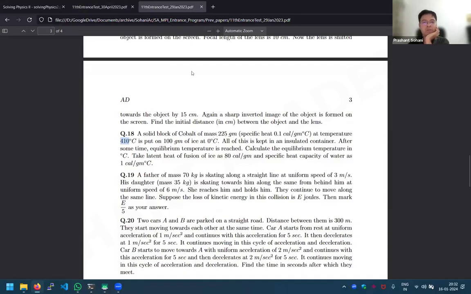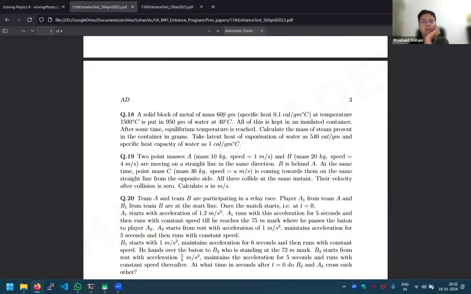The block was 225 gram. The block is now 600 gram, and it is at a very large temperature, 1.5 K degrees Celsius. I think maybe I don't know, the temperature of some part of the sun, or the core of the earth maybe. And even that much heat is not enough to convert all the water into steam. So just imagine how much energy is required.